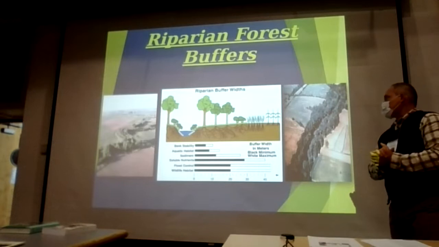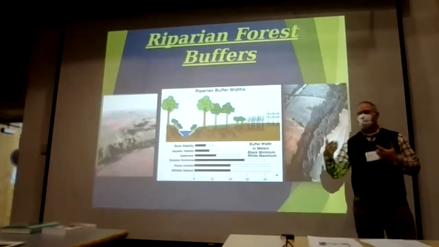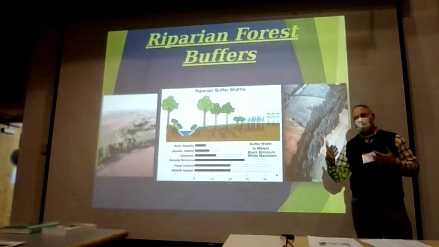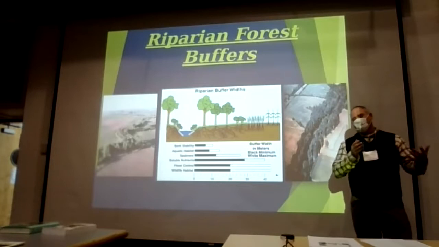So riparian buffers, typically, if you were going to paint a perfect picture of a perfectly executed riparian buffer, you're looking at one that has 3 zones, preferably a tree zone, or really 4.